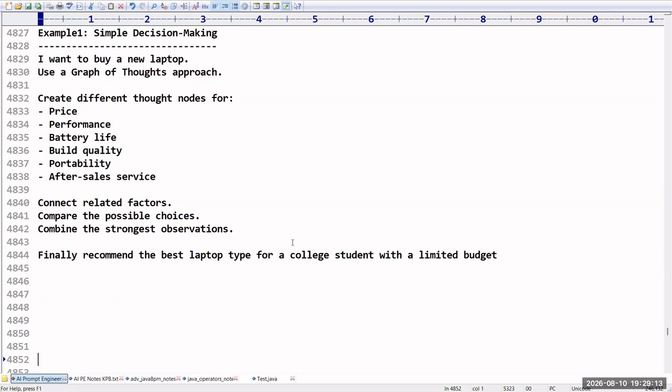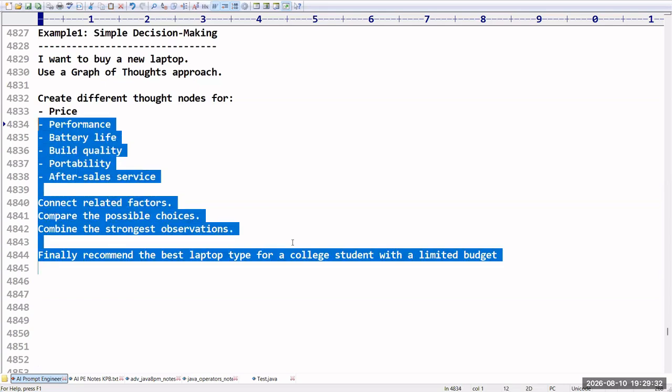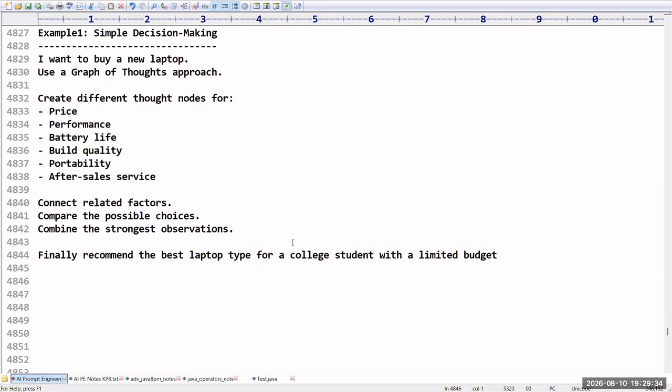Connect related factors. Which factors are going to be useful? Just connect that. Then compare possible choices, combine the strongest observations. Finally, recommend the best laptop type for a college student with a limited budget. This is nothing but the prompt that I have.